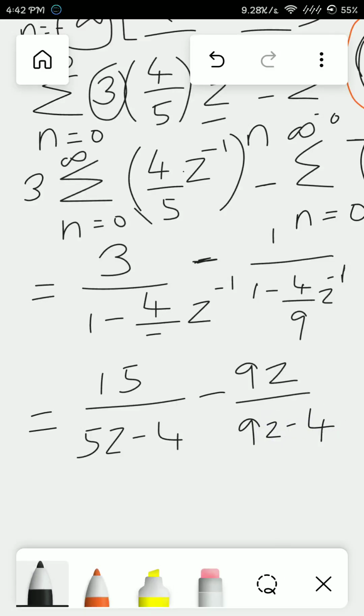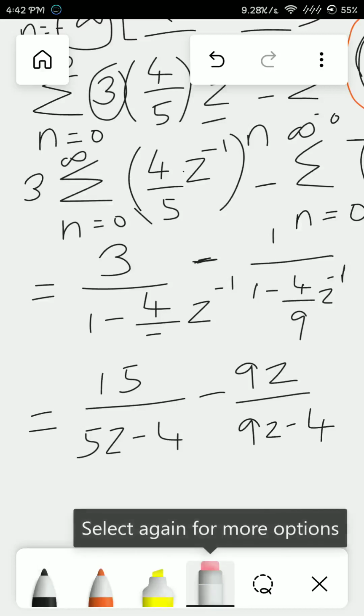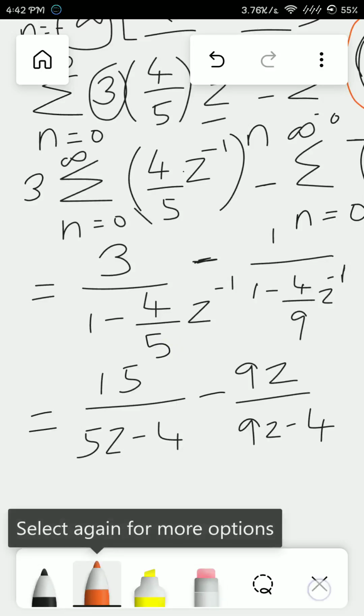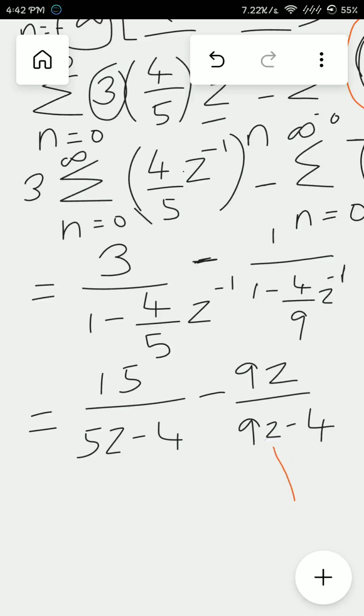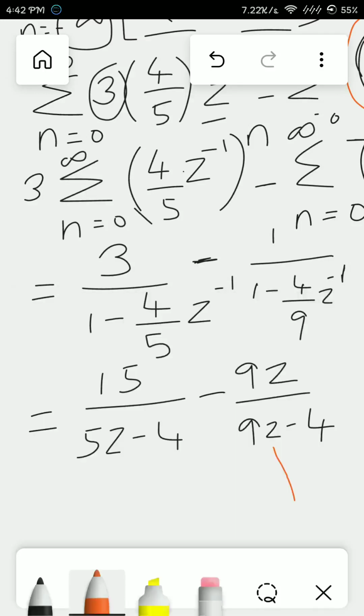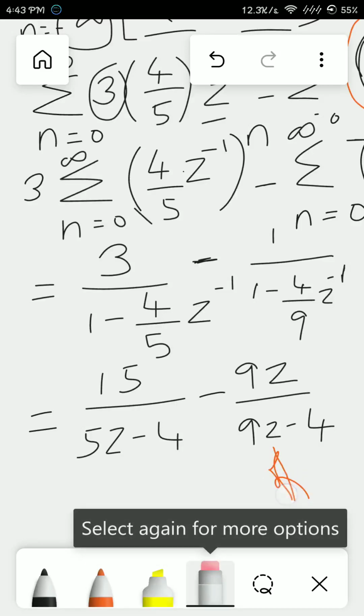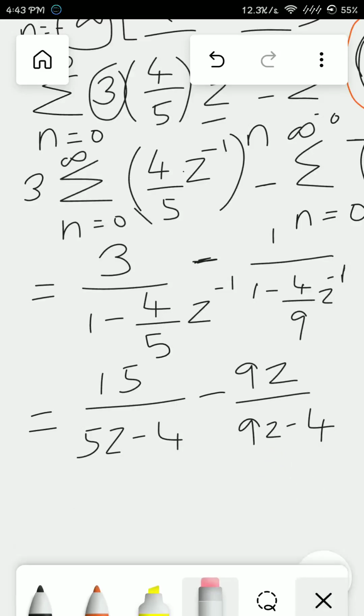So now next you are supposed to see through that. See here, just a second, this got erased. Here you can see that for the series to converge, I need to make sure that 4/5 z inverse and 4/9 z inverse are lesser than 1, right?